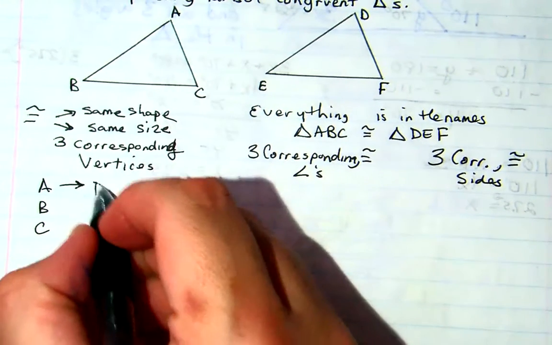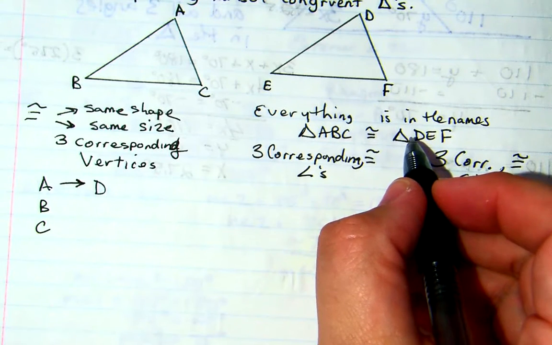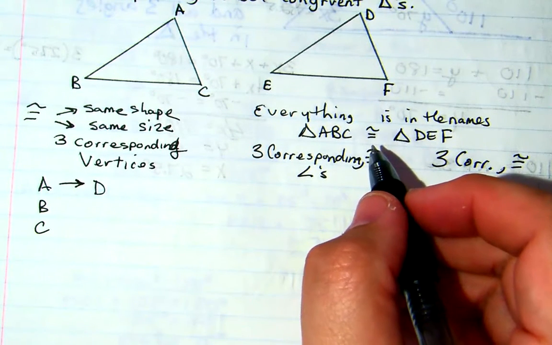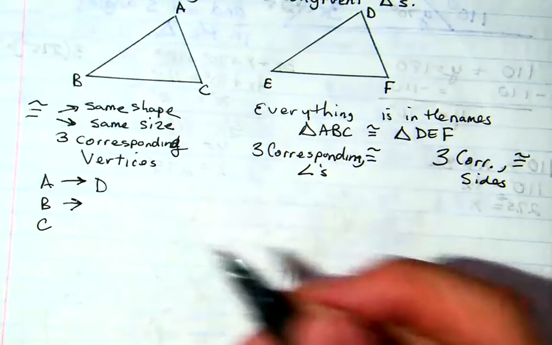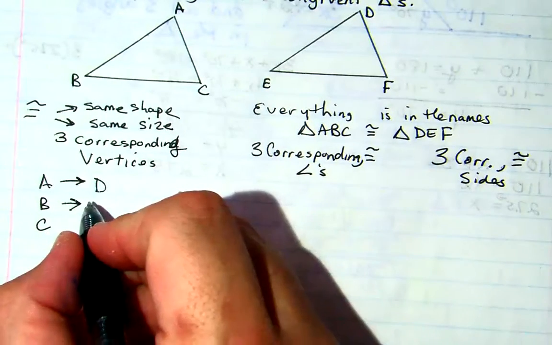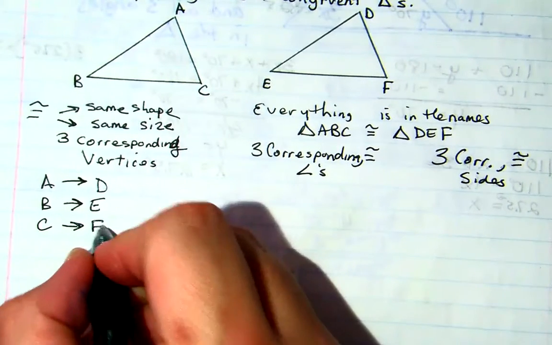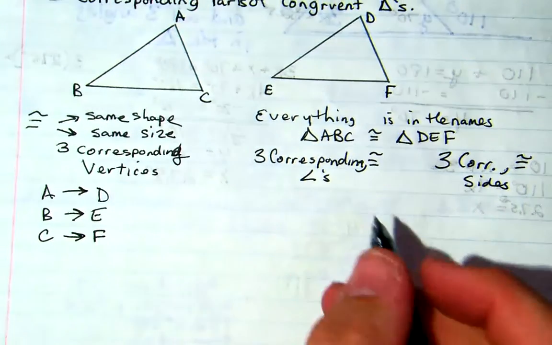D. They both are in the first position of the name. And that is a huge idea, that the name tells you what parts are corresponding. So B is going to correspond to which part? E, and C is going to correspond to F. Okie doke.